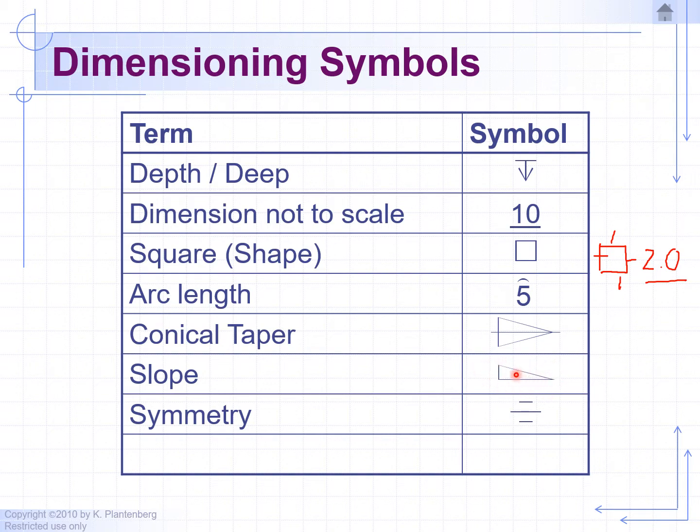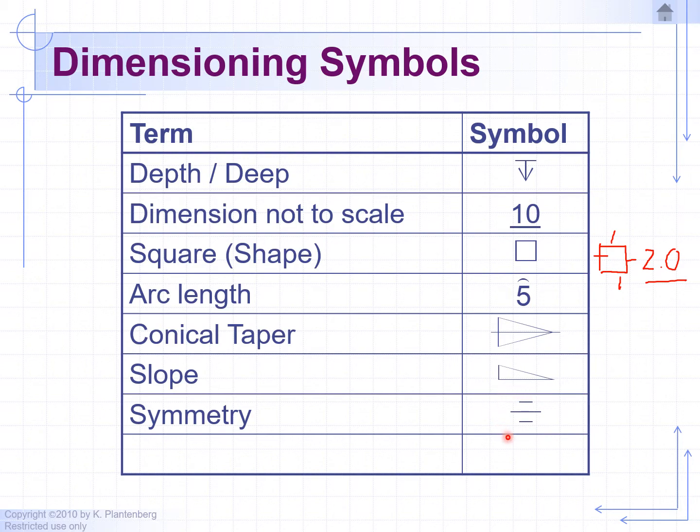You have a slope on the rooftop. You have a slope on the driveway, which you want to slope downward towards the street, so when it rains, you don't want the water to get inside your garage. So you have this slight slope going downward towards the street. We're not going to be using these symbols in this chapter. Finally, we have symmetry.